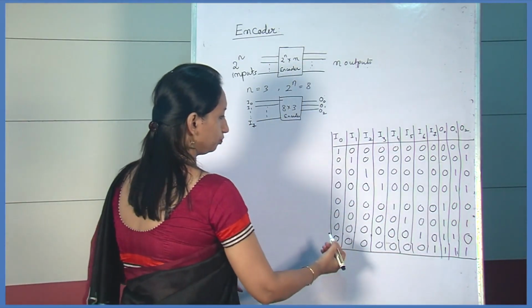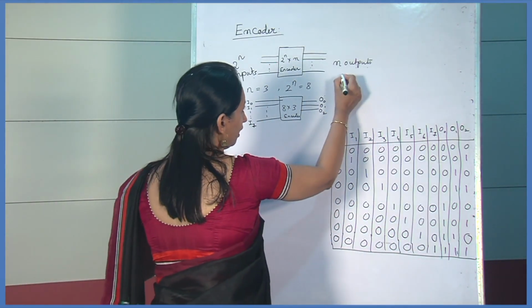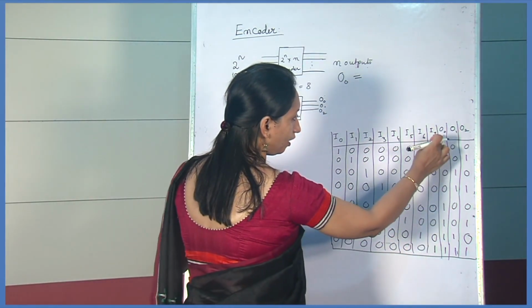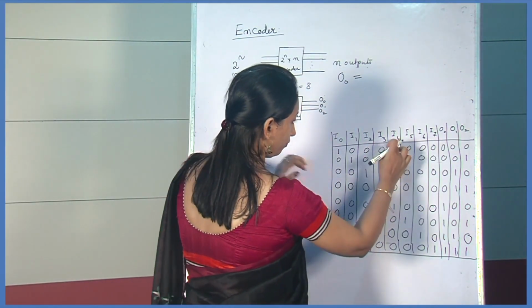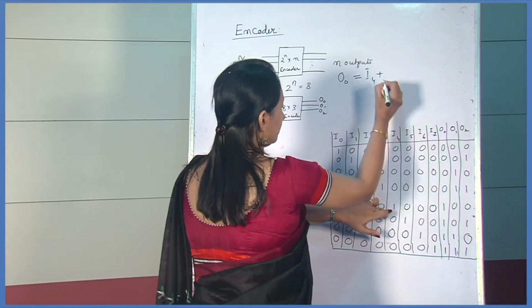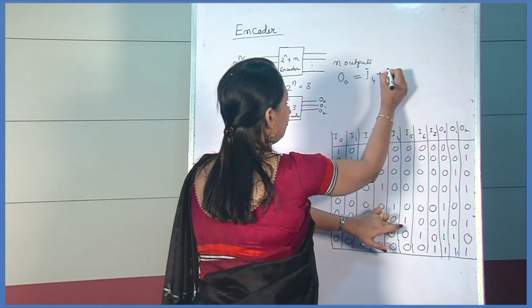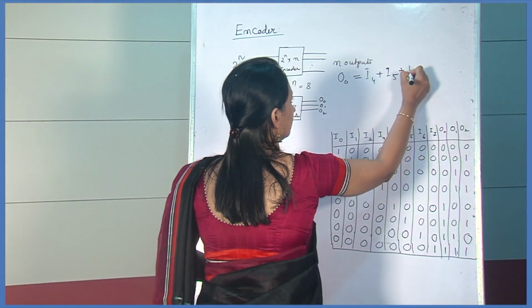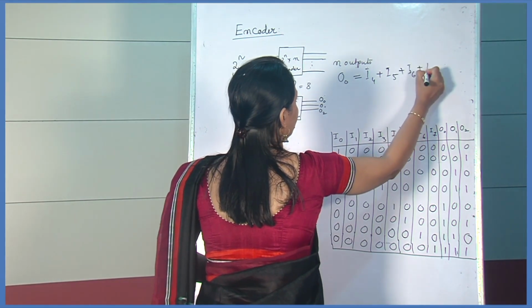So the output equations can be written as O0 equal to, when O0 is high, I4 plus I5 plus I6 plus I7.